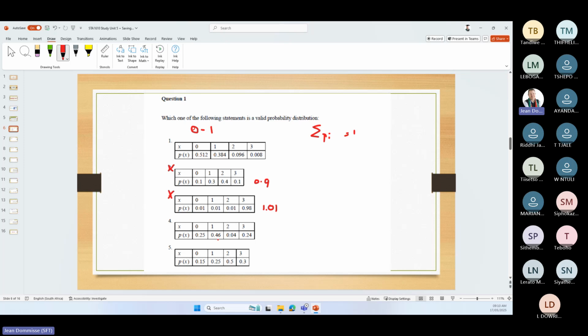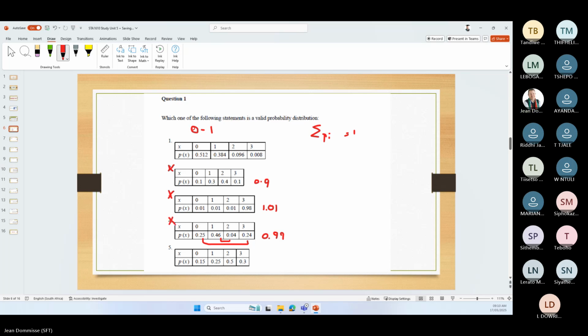Let's look at this one. So here we have 0.46, plus that will give you 0.5. Those two together will give you 0.49. So that will give you 0.99. Again, very close to 1, but still not 1.